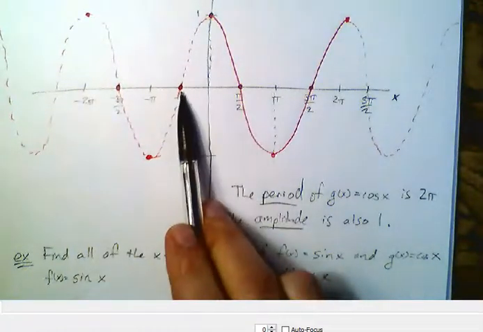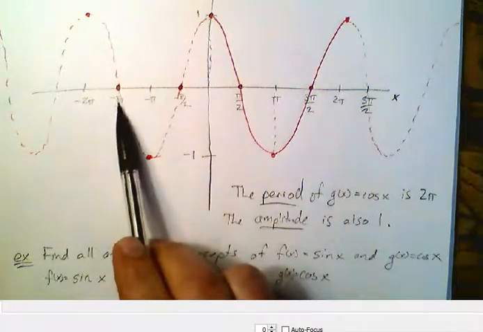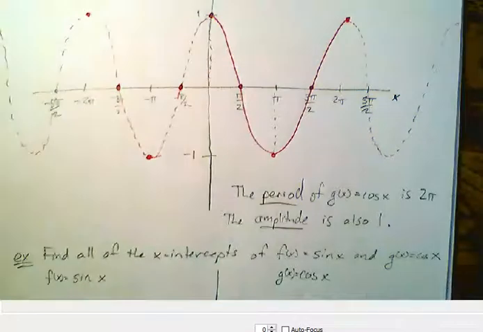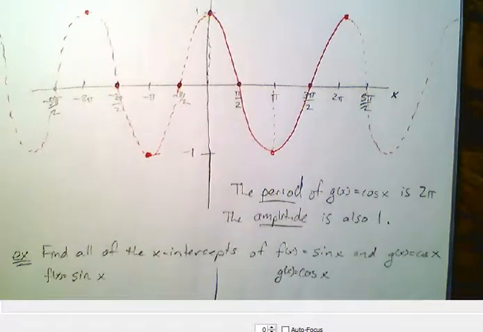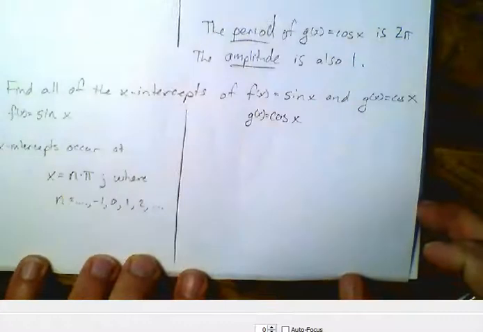And if we go in the reverse, it's negative 1 pi over 2, negative 3 pi over 2, negative 5 pi over 2. Okay. So the x-intercepts of the cosine function happen, it looks like, at odd multiples of the pi over 2's, right? So this one's going to be a little trickier.